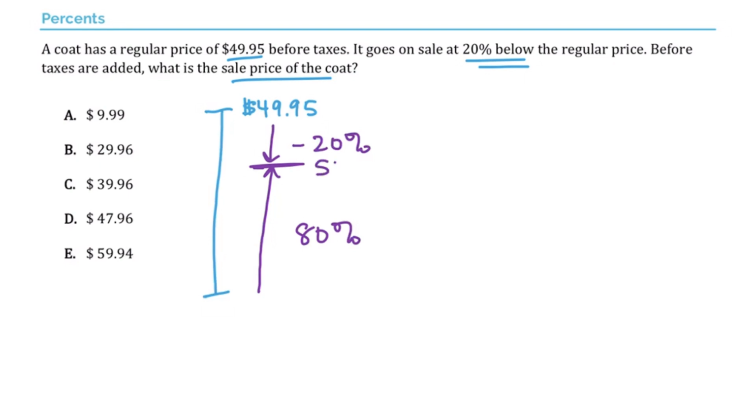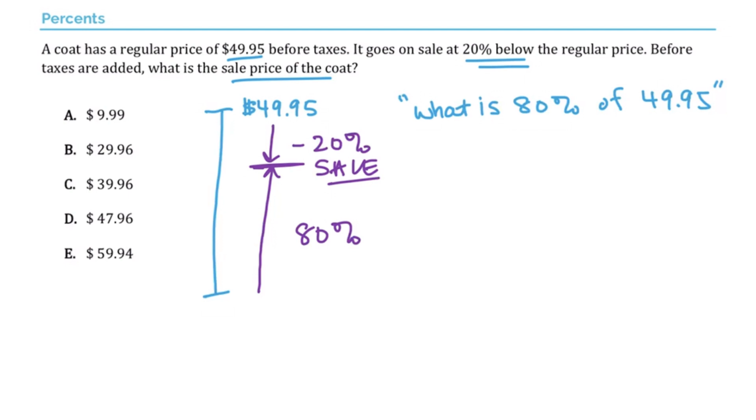So our sale price, which we get after we take away 20%, we're just going to calculate by finding what is 80% of $49.95. So I'm going to write that out for us. It says, what is 80% of $49.95?